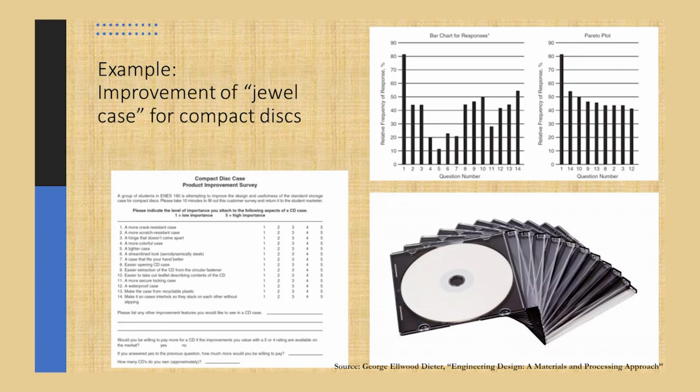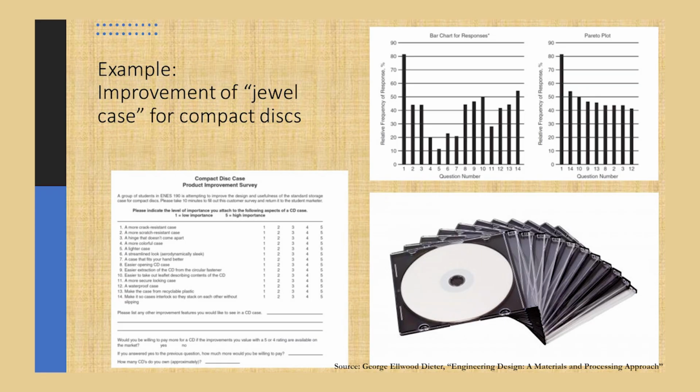So, let us look at another specific example. This is an example of improvement of a jewel case for compact discs. These are some CD cases. Now CDs have gone mostly obsolete, but this example still exists that can help you see how to analyze this data coming from the discovery phase.